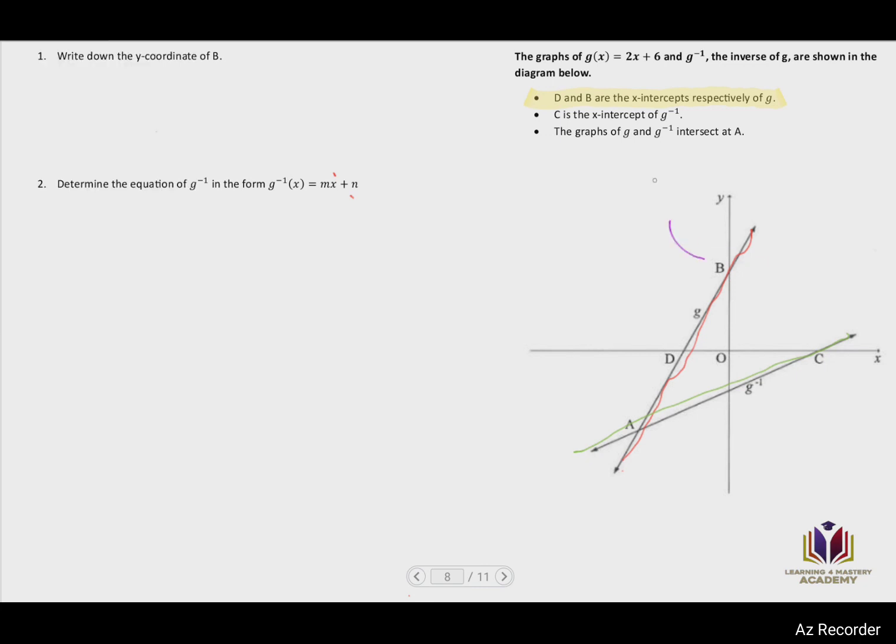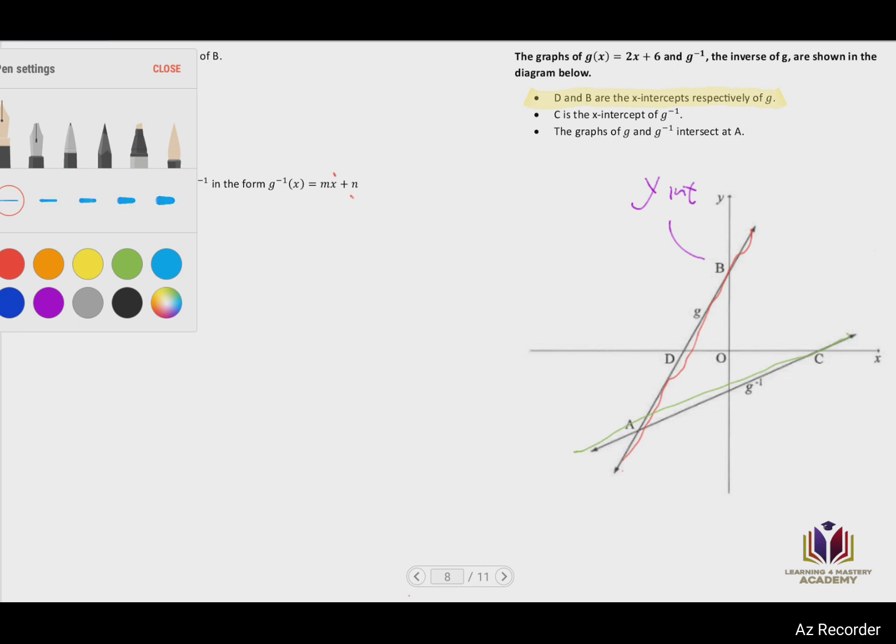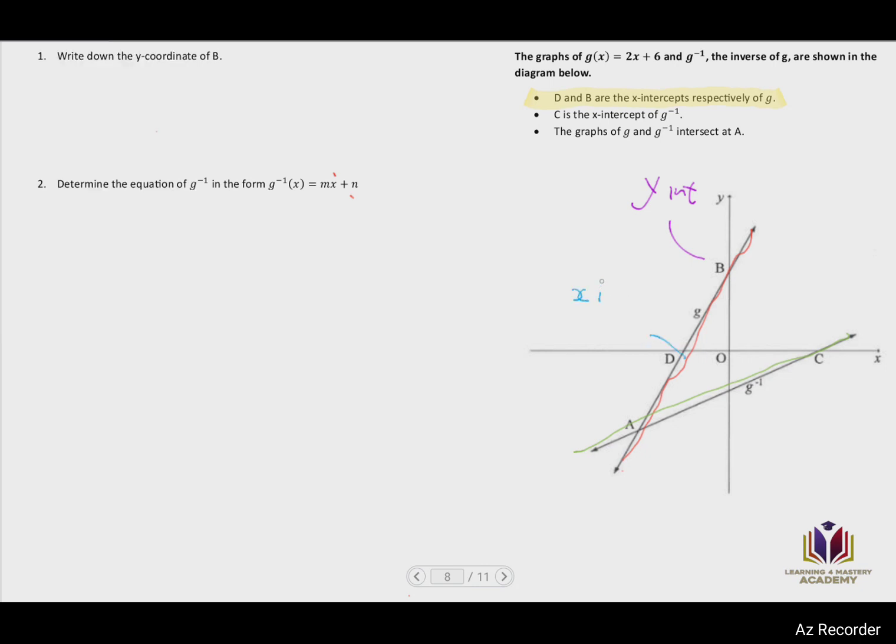That's the y-intercept of g, and this over here is going to be the x-intercept. Now, you already know for the y-intercept, the x value is 0. For the x-intercept, the y value is equal to 0. Then they said C is the x-intercept of g negative prime, the inverse of g. Yes, that's the x-intercept of the inverse.